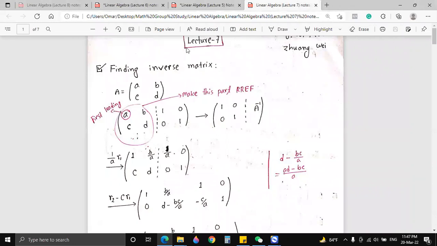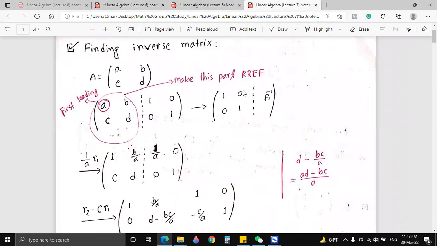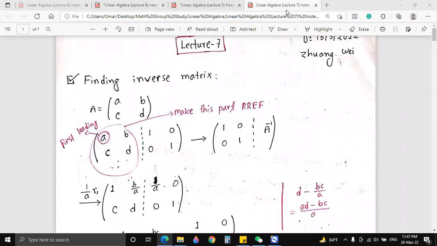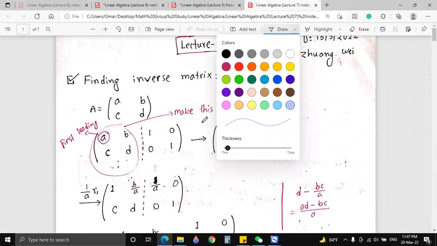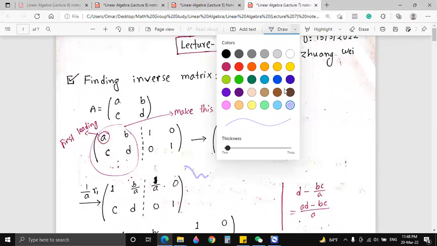So the next lecture also discusses the inverse matrix. So the same thing, okay? This one is called the first leading one, okay? Let me change the color. Maybe blue.